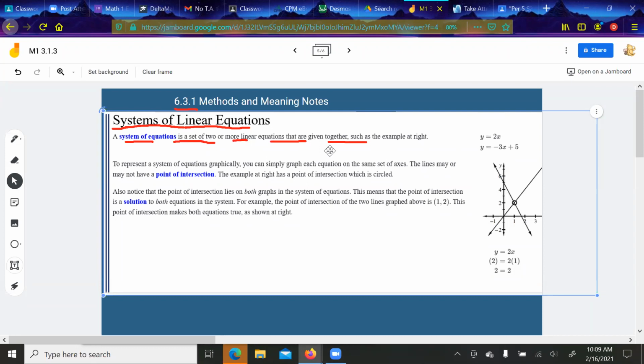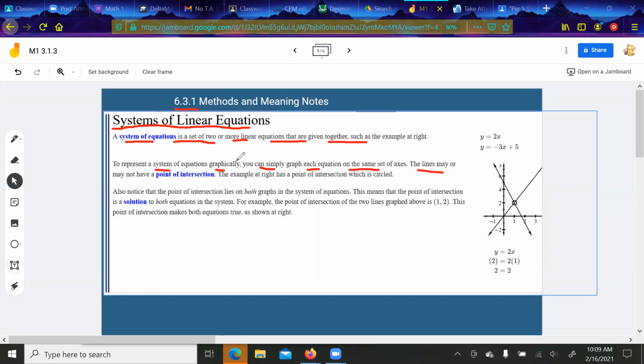So let's go on to the next part. To represent a system of equations graphically, you can simply graph each equation on the same set of axes, like this.